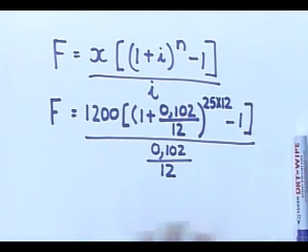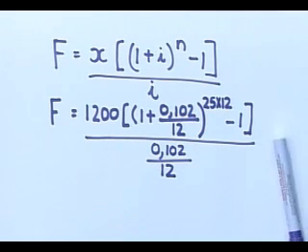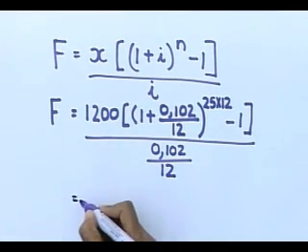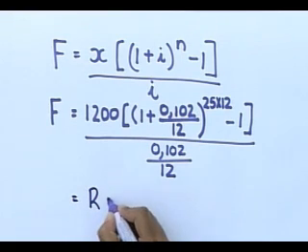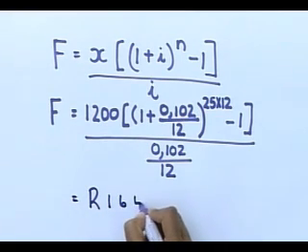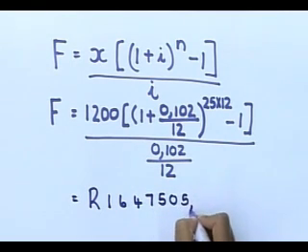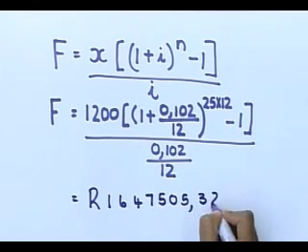Okay, so everybody has punched this example into our calculator, and I bet you have this answer. Your answer should be 1,647,505.32. See if your answer compares to mine.